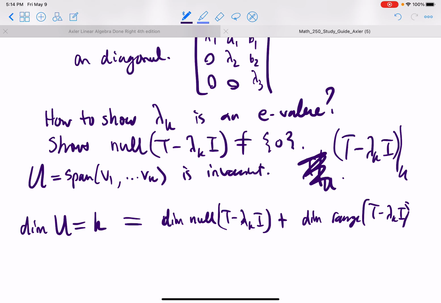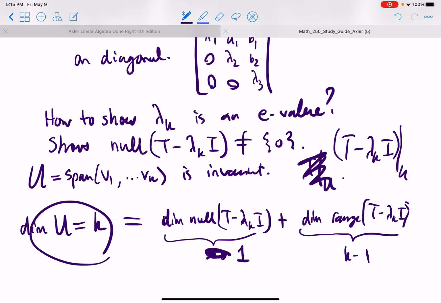The dimension of U, the span of v1 through vk, is k. So if we can show that this range has dimension less than k, we're done, because that means the null space has dimension greater than 0. Imagine the range had dimension k minus 1, then the null space would have dimension 1 so that we get k when we add up the dimensions.